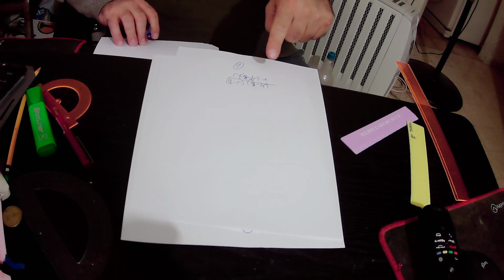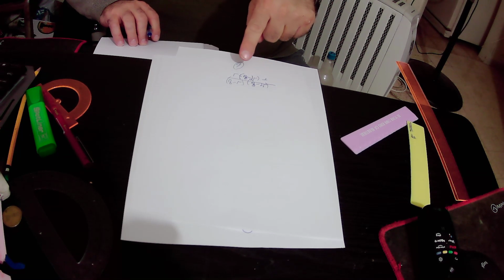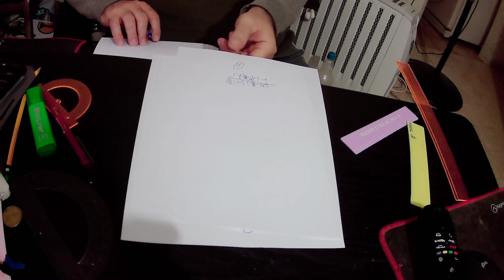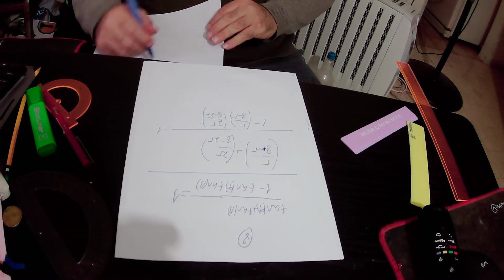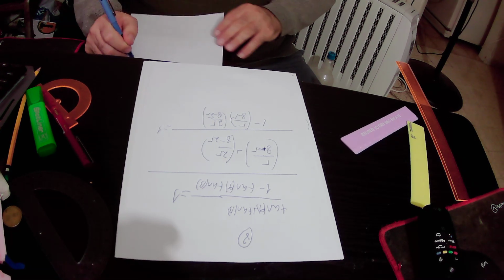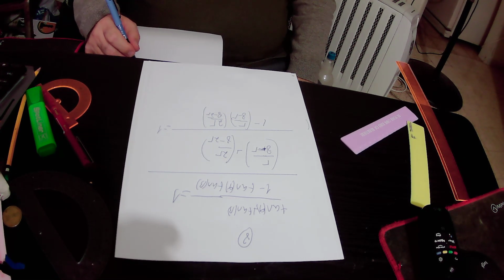Here 8 minus 2r will get cancelled, and we will be left only with r over 8 minus r, and here we have 2r. We will multiply 2r by 8 minus r.